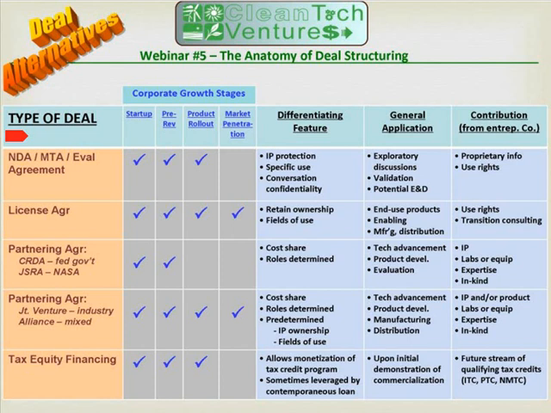We want to put each of the deals into perspective. We will take a look at the corporate growth stages, which you saw previously as the development stages, startup, pre-revenue, the marketing stages, product rollout, and then market penetration. Then beyond that, it's growth and rapid growth and maturity.